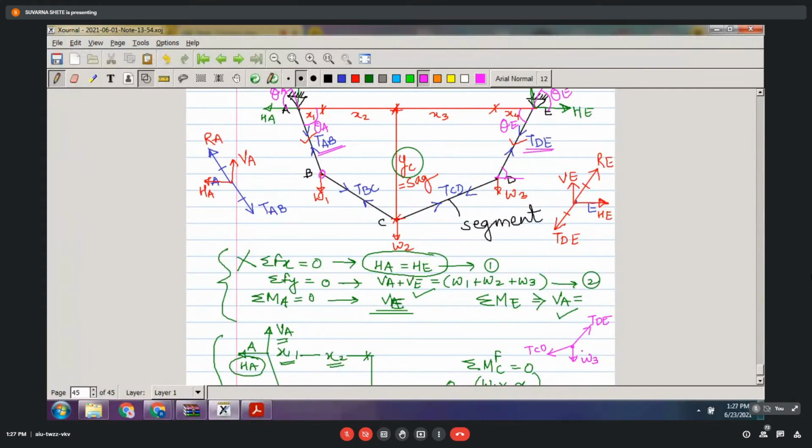Yes, ma'am. बरोबर का? So your analysis is nothing but finding out tension in all the cable segments. By using this method, you will be able to find out one by one tension in all the cables.